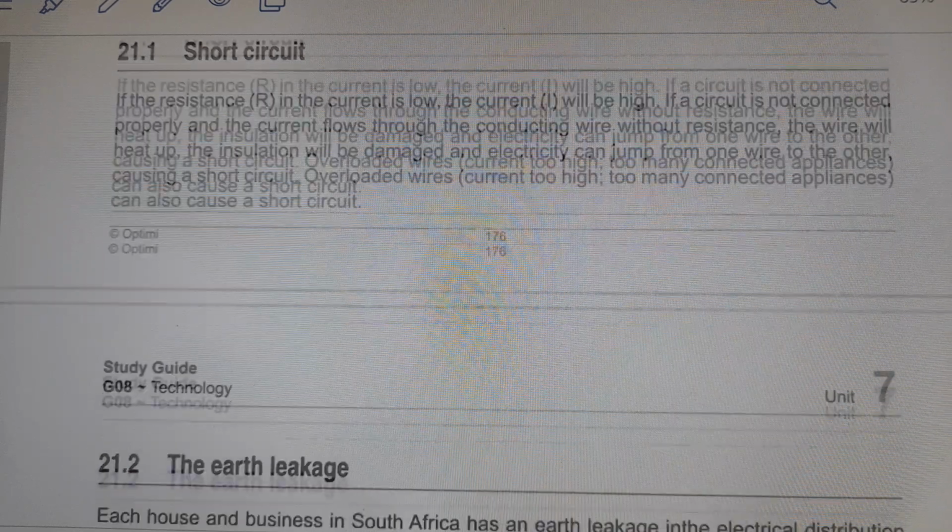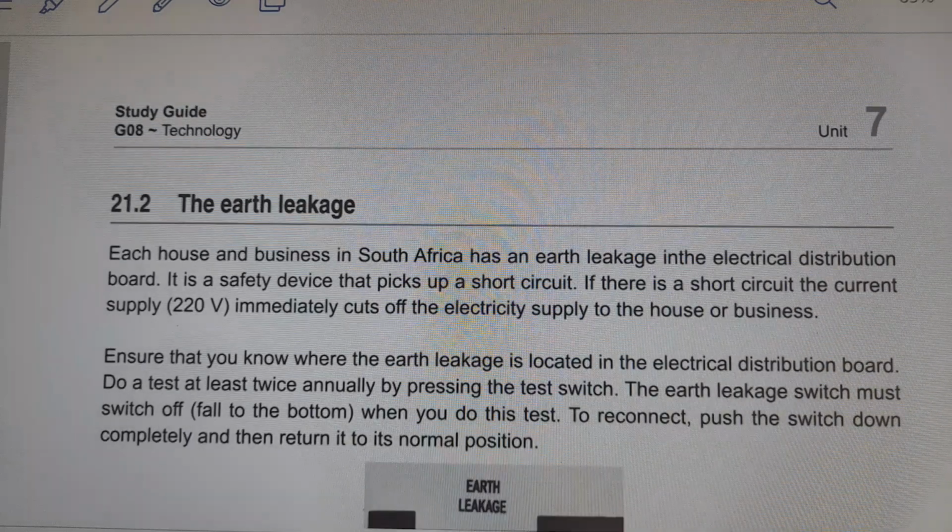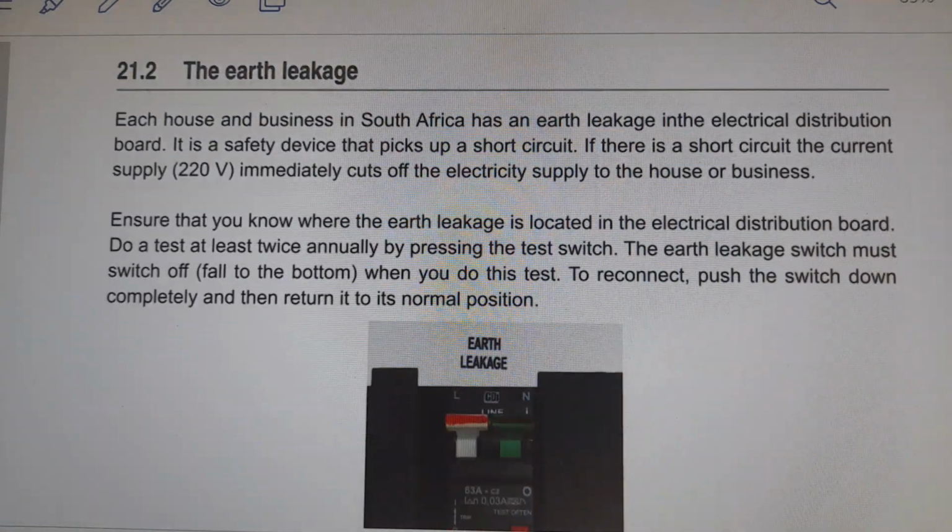Now let's look at page 177. There at the top, we are looking at the earth leakage. Each house and business in South Africa has an earth leakage in the electrical distribution board. It is a safety device that picks up a short circuit.